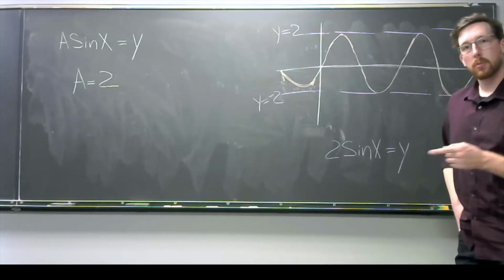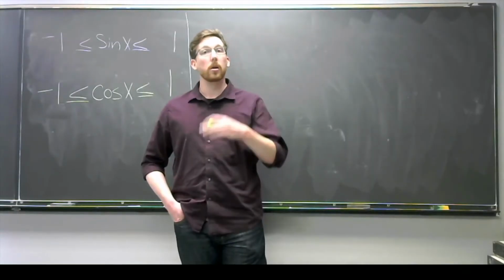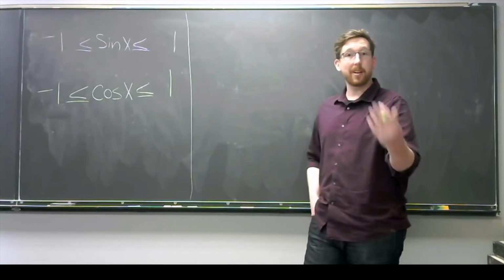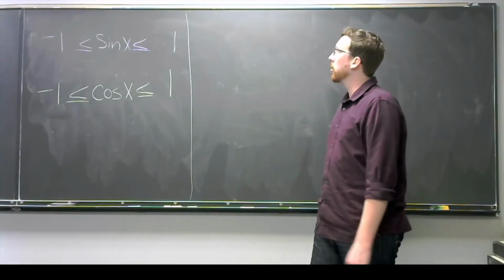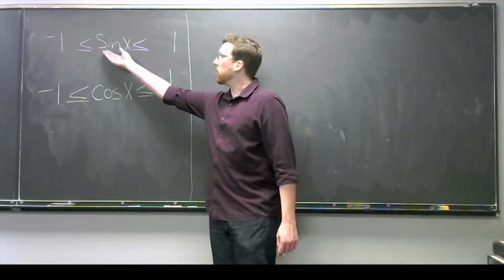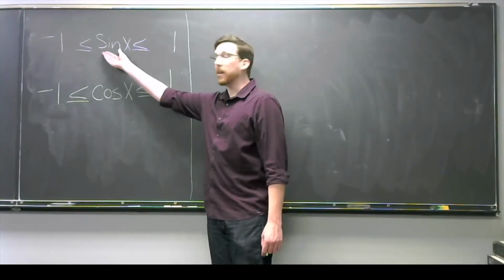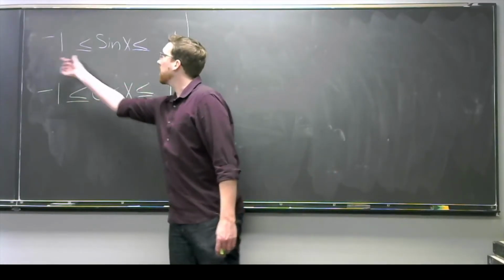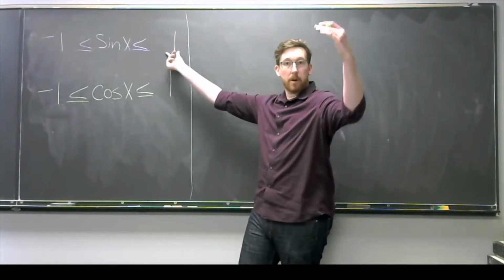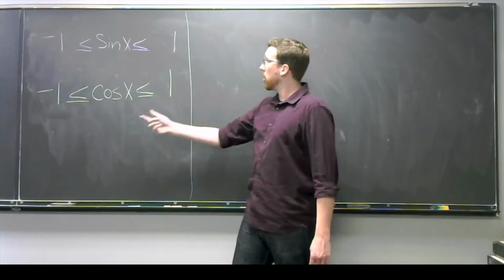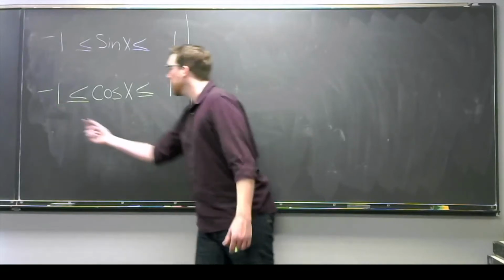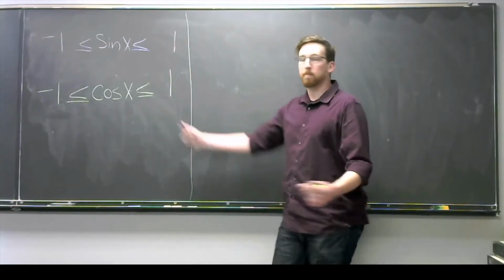Cool. Let's keep going. So another way to illustrate what we just did, we know that sine of x is, quote, bounded by -1 and 1. It's bounded above and below. Cosine x is also bounded below by -1 and above by 1.